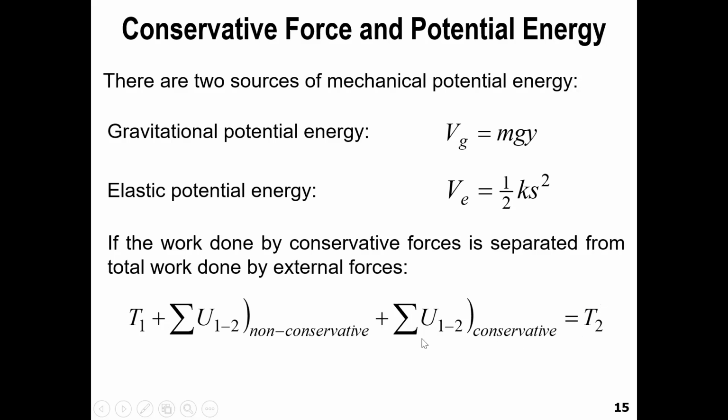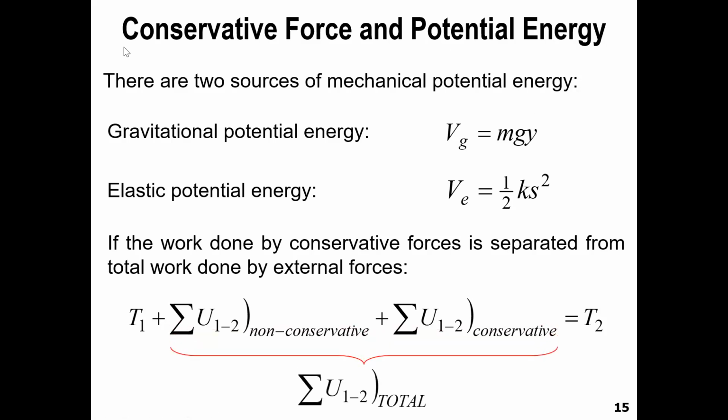However, we separate the work of conservative forces, which are these two, and the work of non-conservative forces, which is a friction force and any pulling and pushing and other external forces. Any question about this? So this is the same equation. We just separate the conservative and non-conservative parts of it.